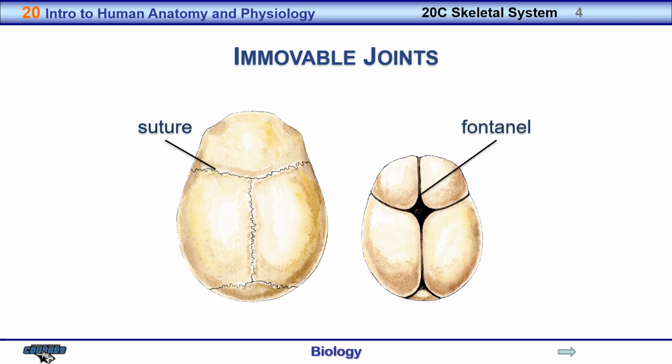When you're first born, these pieces have gaps in between, which allows the head to fit through the birth canal. It also allows the head to grow and the brain to grow so that they aren't fused in one piece. So the fontanelles are just the gaps that you have when you're first born.